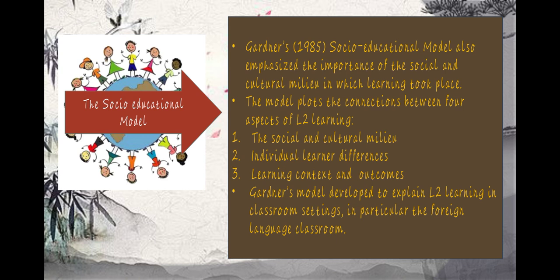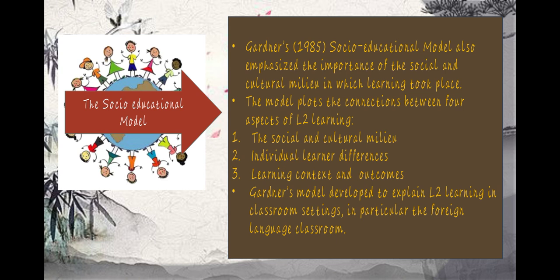According to Smart 2007, social and cultural milieu refers to the social and cultural setting, like monolingual and multilingual societies, where learning is taking place and which shapes the learner's beliefs about other ethnic and linguistic groups.